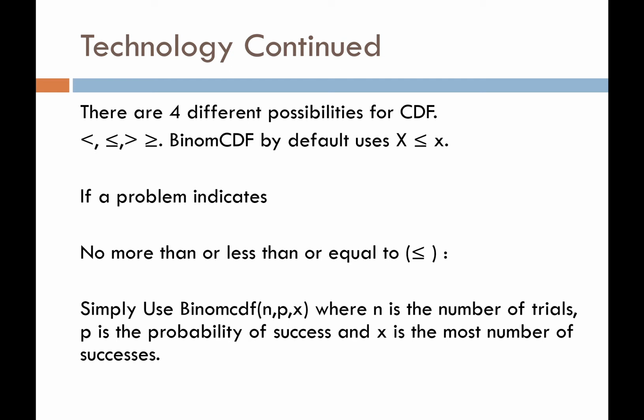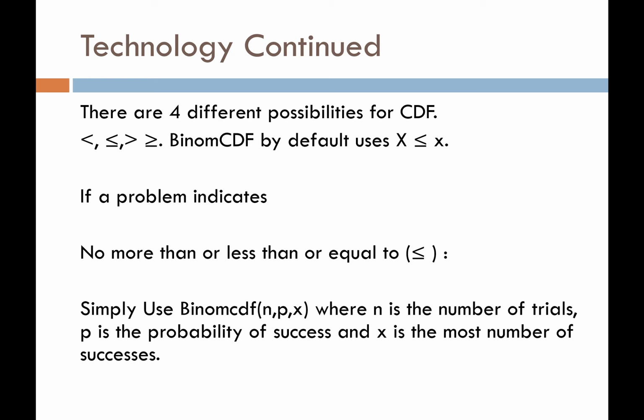If a problem indicates no more than, or less than or equal to, then you're using that. You simply use binomcdf, where you put n, p, and x: n is the number of trials, p is the probability of success, and x is the most number of successes. Let's say you have 4 trials, a probability of 30%, and you want 2 successes.